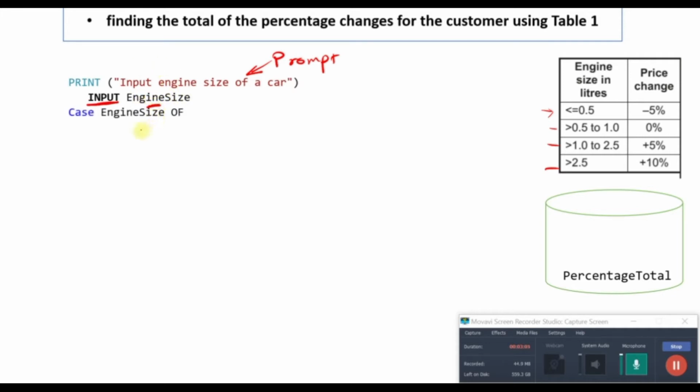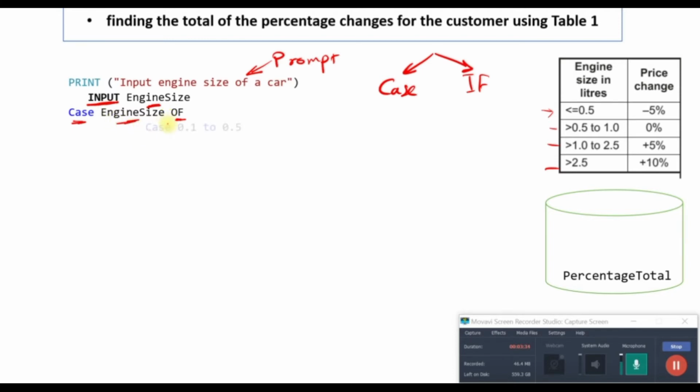Next, our solution here will use one of the conditional statements. As you know, we have two conditional statements. The first one is case, the other one is if condition. Case, then variable, then of. So case of, and then end case at the end. And here we have a variable name, engine size: case engine size of.